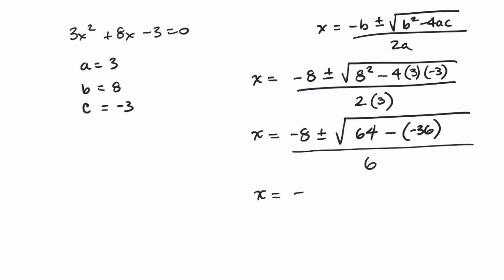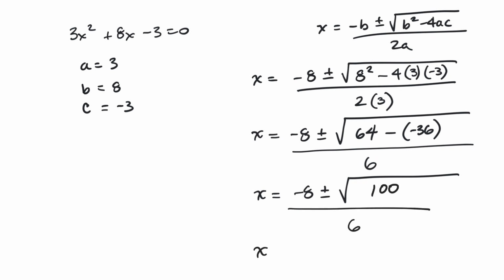So x equals negative 8 plus or minus the square root of 64 plus 36, because you're subtracting a negative. So that would be 100 over 6. So x equals negative 8 plus or minus 10 over 6.